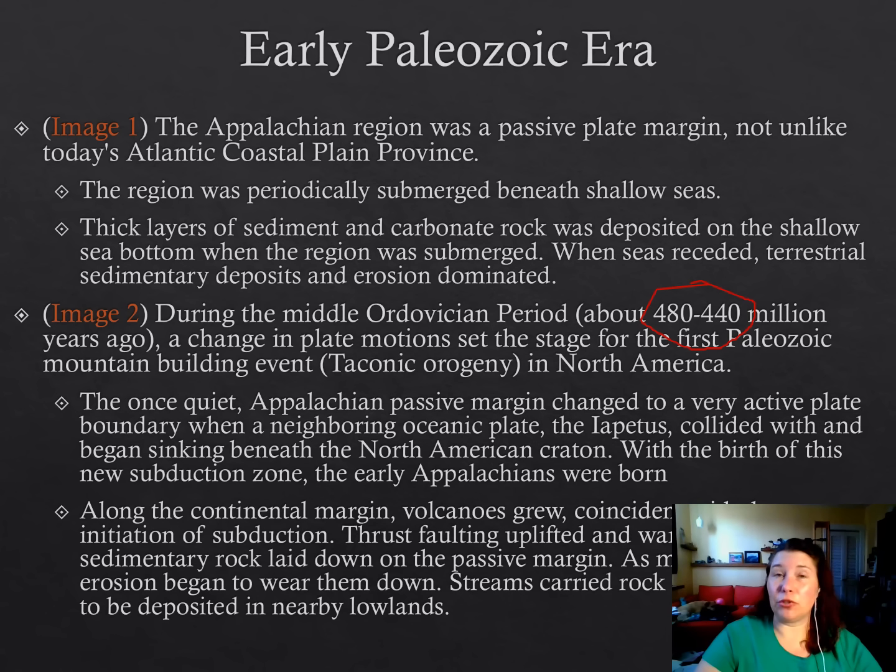And so we have a new subduction zone, and the early Appalachians begin to form, kind of like what we're predicting is going to happen in the future that I mentioned a little bit ago: that oceanic crust becomes really dense and it sinks deeper and deeper. It can begin to create a subduction zone. It's happened before, and we think it may happen again.